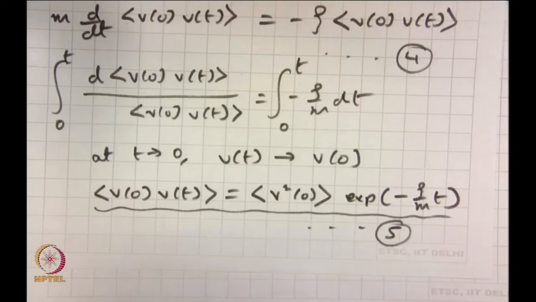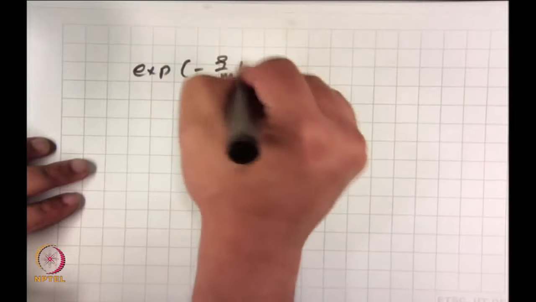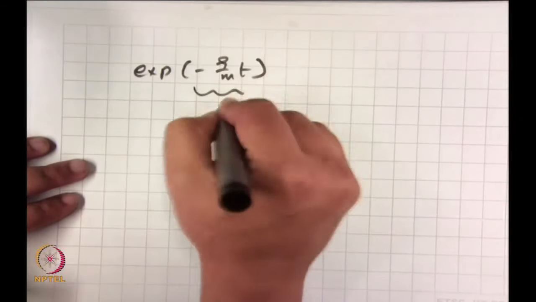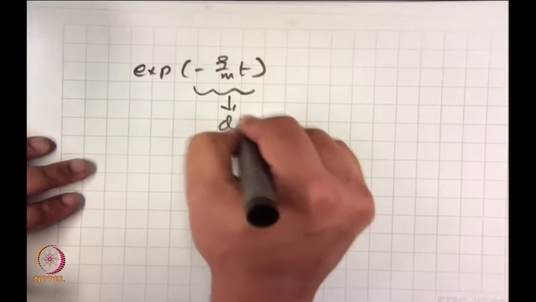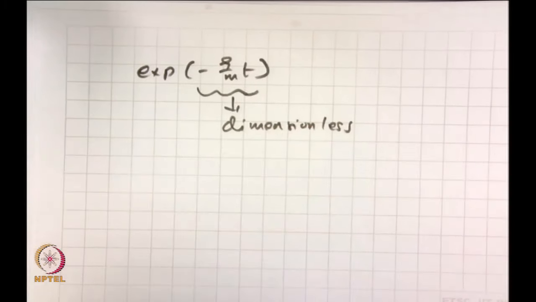Now, tell me this, I am sure you know, if you have anything in the exponent, then that should be dimensionless, that should not have any units, same for log. If the exponent minus xi by m t has to be dimensionless, how can it be dimensionless?